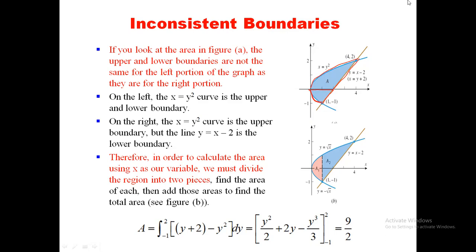Now it says here the upper and lower boundaries are not the same for the left portion of the graph and the right portion of the graph. If you do it like this, class, you have one in here and one in here. If you make a vertical element, I'll use a different color, not blue, yellow.